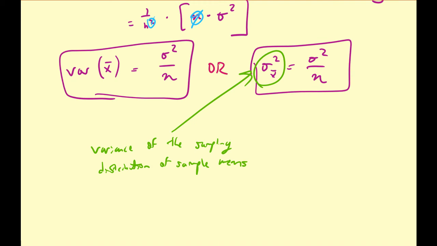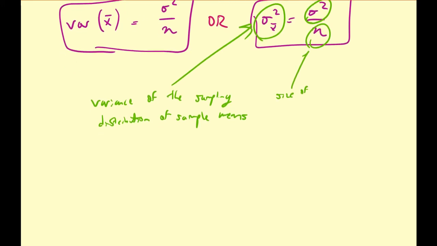If the variance of the sampling distribution is extremely large, that means all of these samples have really different sample means. But if this variance of the sampling distribution is really small, then all these sample means are going to be really close together. Again, sigma squared is the population variance, and n here is the size of the samples.